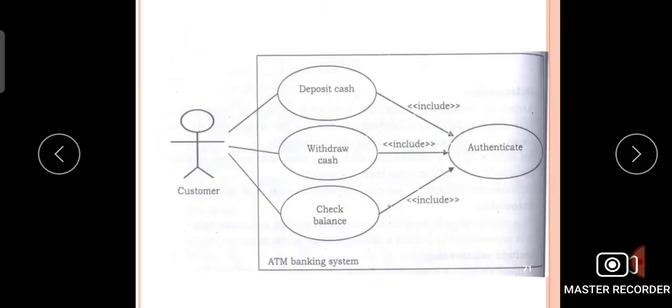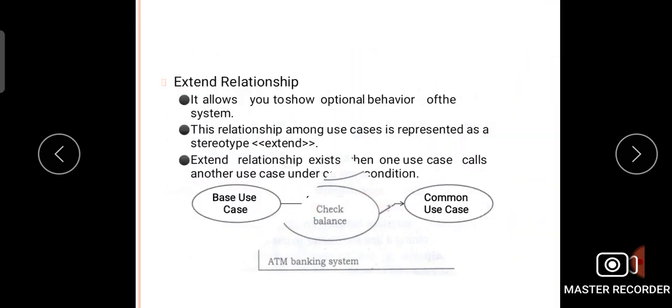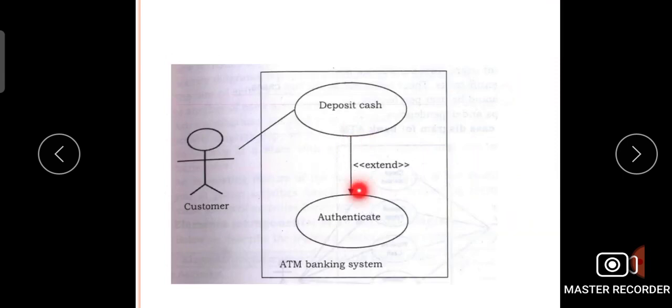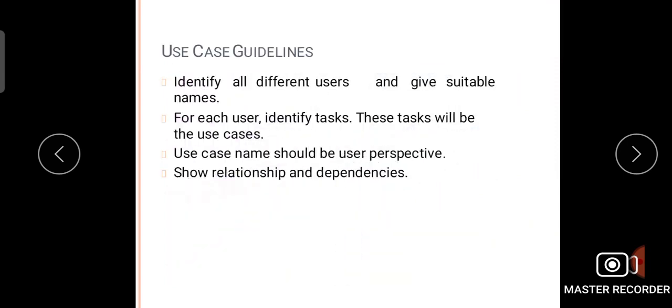This is the example of include, and association is a single line, which we can also call a simple line. It is our association relationship. This is an include relationship, and this is an extend relationship. Okay.